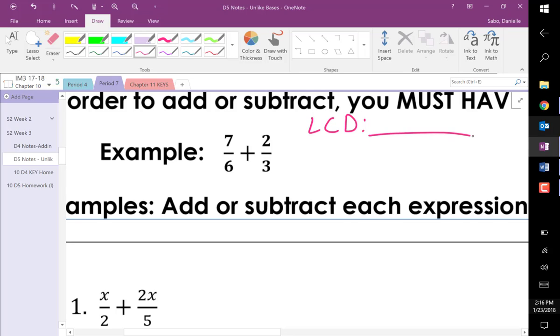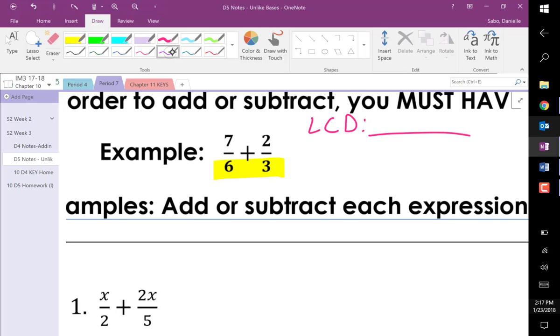What is a number that both of them divide into? No? It's never going to be smaller than the numbers that you have on the bottom. So can I turn 6 into 3 by multiplying? What do I have to multiply by? I can't, right? Because I have to divide it. But can I turn 3 into 6? Good, so what's our LCD then? Do I want 3 or do I want 6?